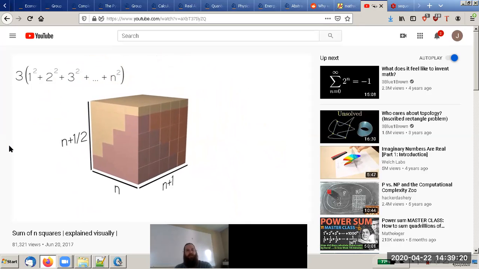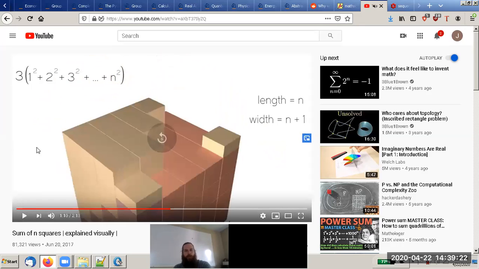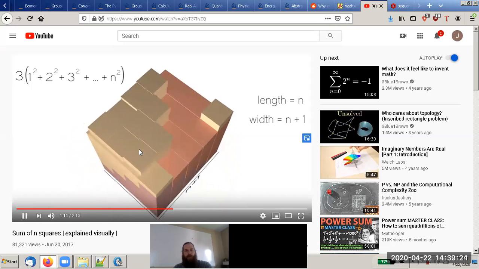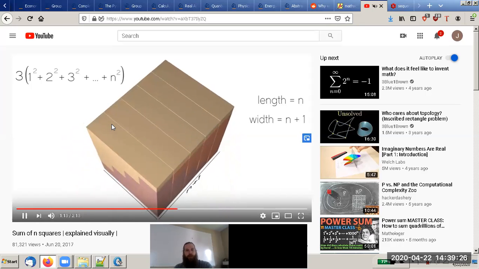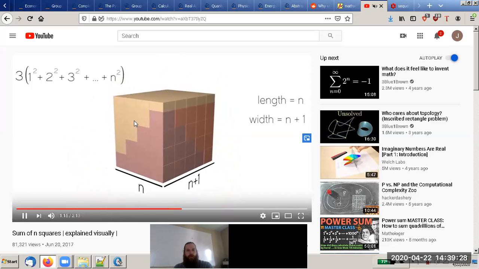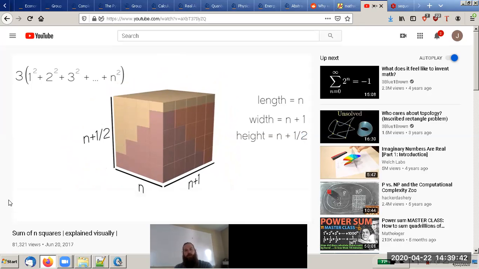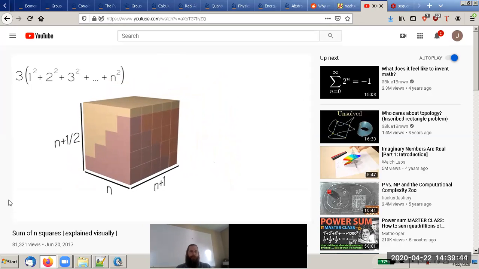So they slice that top row. I don't know if you guys caught that. What happened there is very clever. They take this top row and they slice all of them in half. And those then distribute nicely over the top. So you end up with a height here. This chops off at n, and then that last little half block there is of height 1/2. So the dimensions are n times n plus 1 times n plus 1/2. Very clever.